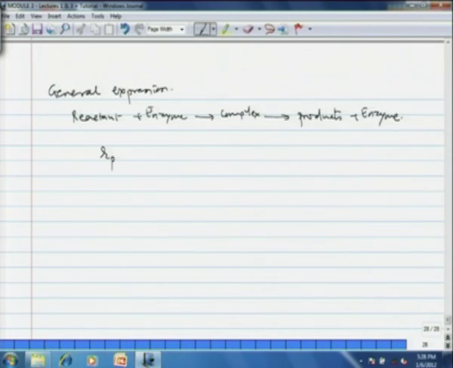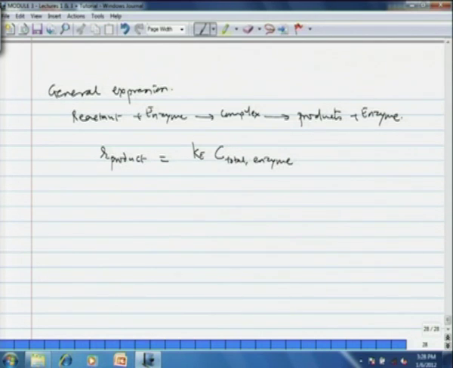The rate in such a case can be typically written as r_product is equal to small k_e into C_E total, the total enzyme concentration. Enzyme is regenerated, so enzyme is a catalyst, so we have to consider the total enzyme concentration.